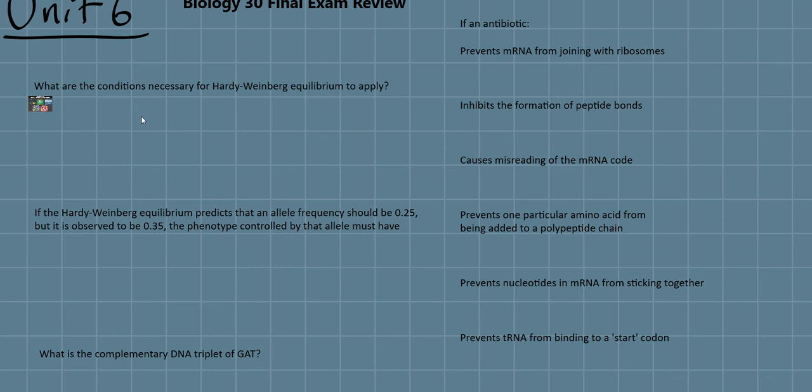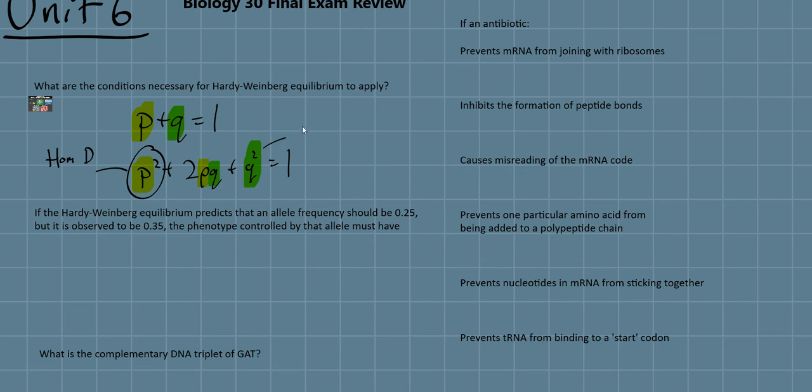So Hardy-Weinberg equilibrium had these two sets of equations, P plus Q is 1, or P squared plus 2PQ plus Q squared equals 1. And in this case, our P was the dominant allele, our Q was the recessive allele, and this P squared was when we had a P and a P. This would be our homozygous dominant.